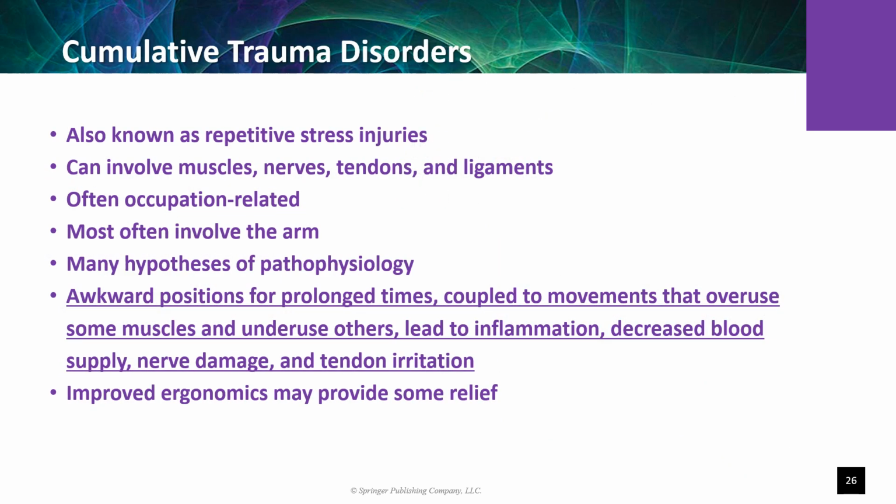Cumulative trauma disorder is also known as repetitive stress injury. These are temporary or permanent injuries to muscles, nerves, ligaments, and tendons caused by doing the same repetitive motion over and over.